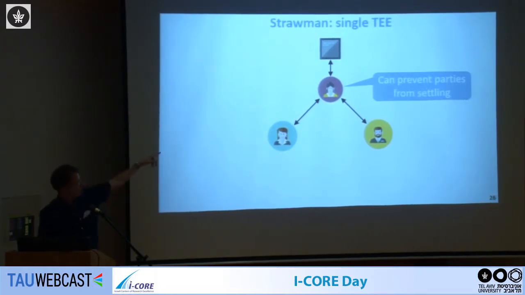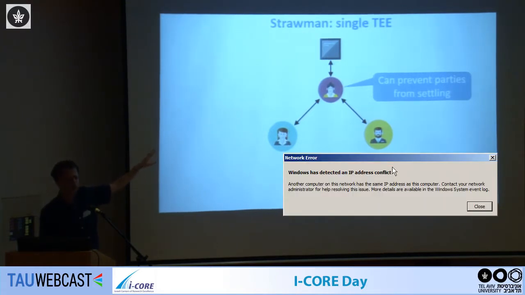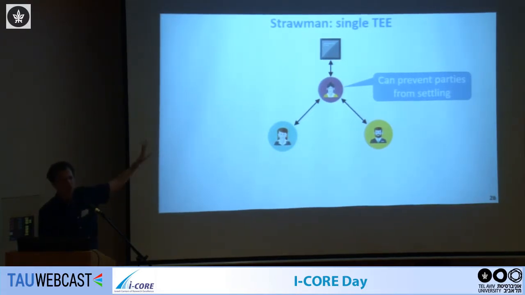And so its operator, Carol, here, could be malicious. If Alice and Bob's money is held by a private key that is maintained in Carol's control, then she can just terminate the TEE or block it from accessing the world, and then Alice and Bob are locked or subject to a ransom attack. So it's not the same.